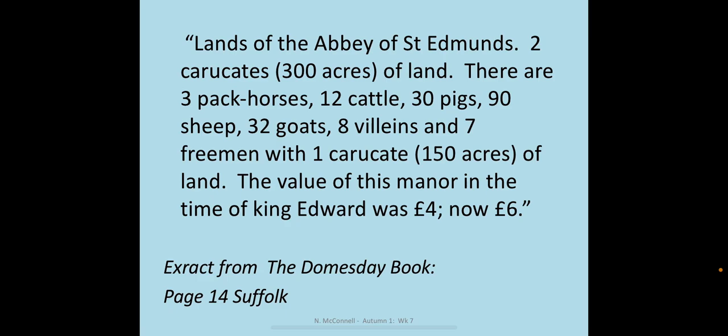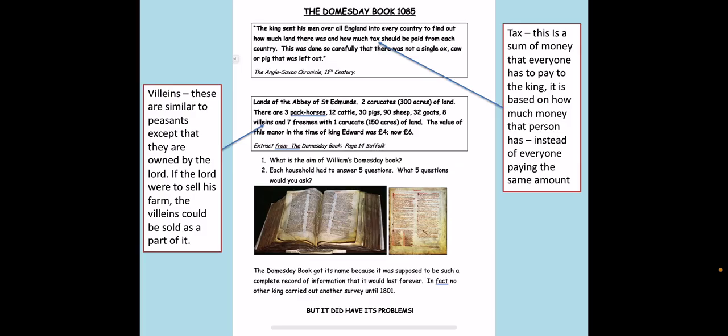There were 3 pack horses, 12 cattle, 30 pigs, 90 sheep, 32 goats, 8 villeins, and 7 free men. You can tell from the amount of detail that the Domesday Book is designed to give a really detailed record of what everyone owns.